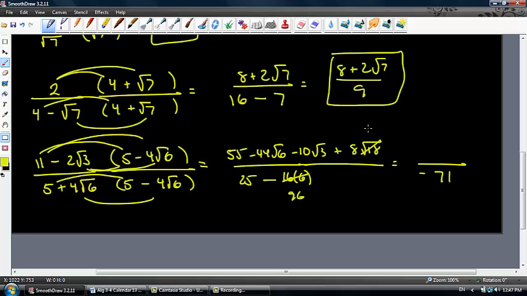This here is 9 times 2, so this is 3 rad 2, so 24 rad 2. So I've got 55, and I don't think there's any other way I can clean that up, so I have 55 minus 44 rad 6 minus 10 rad 3 plus 24 rad 2, all over negative 71.